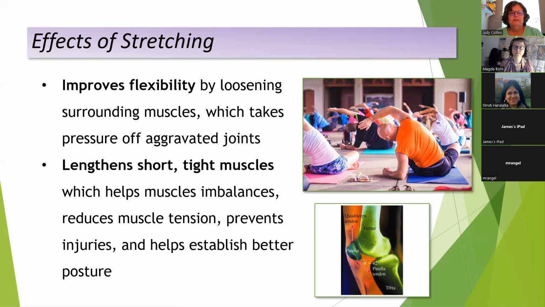Another effect is it lengthens those short, tight muscles, as described in the definition, which helps muscular imbalances, reduces muscle tension, prevents injuries, and helps establish better posture.